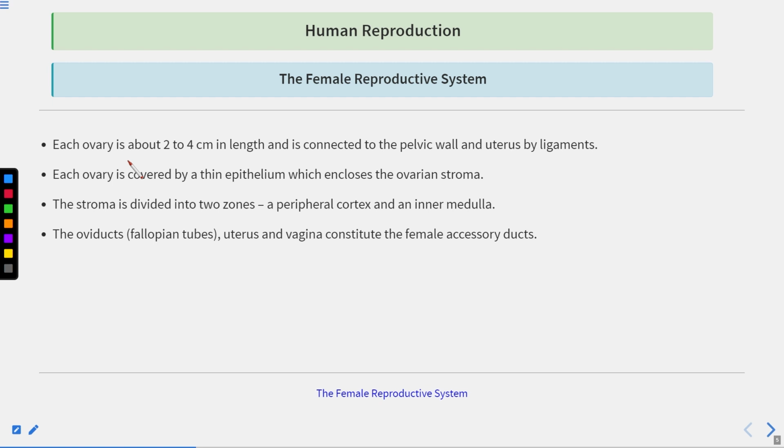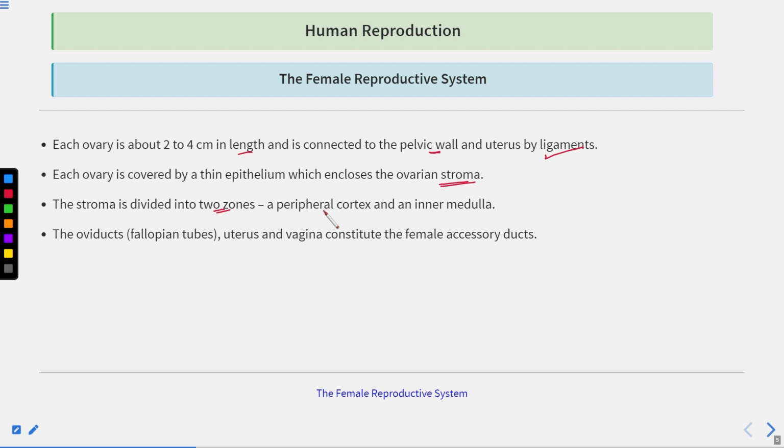Now let's talk about the ovary first. So the ovary is about 2 to 4 centimeters in length and is connected to the pelvic wall and uterus by ligaments. Clear? Now each ovary is covered by a thin epithelium which encloses the ovarian stroma. Now the stroma is divided into two zones.